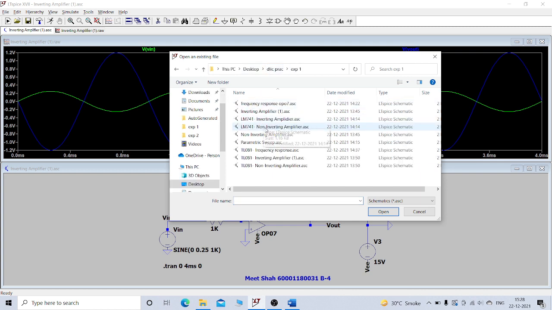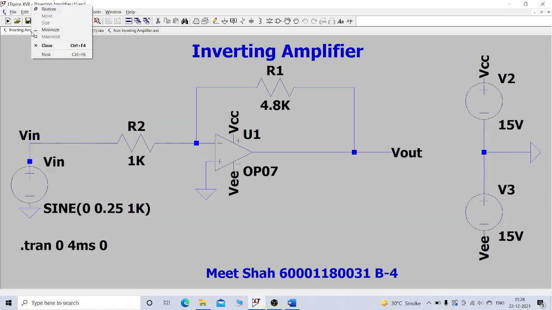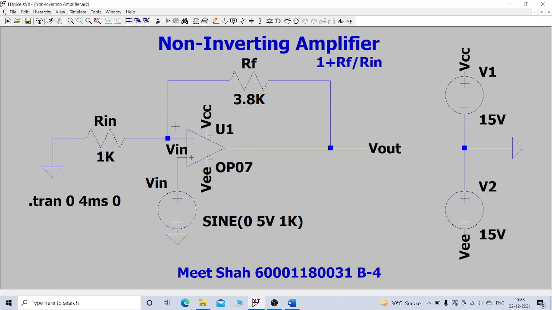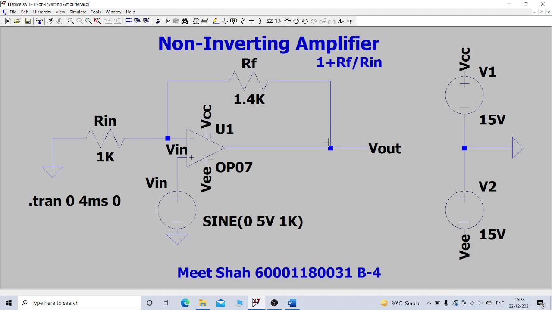So here we have the non-inverting amplifier. We just close the inverting amplifier one. So here is our non-inverting amplifier. So we'll give our input. 1.4k, we'll enter 1.4k, which is our first condition. 1.4k, 1k.